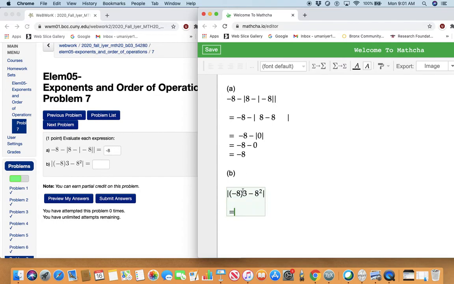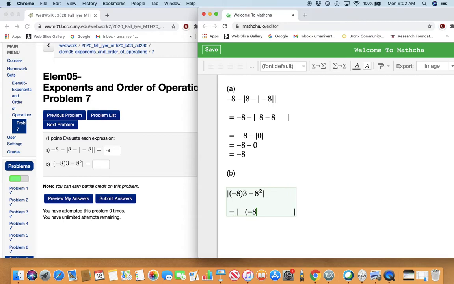Well, absolute value is a grouping feature, so you have to simplify inside first. Inside there is a multiplication, there is a subtraction, and there is an exponent. Exponent takes precedence. So the rest I will write as they are.